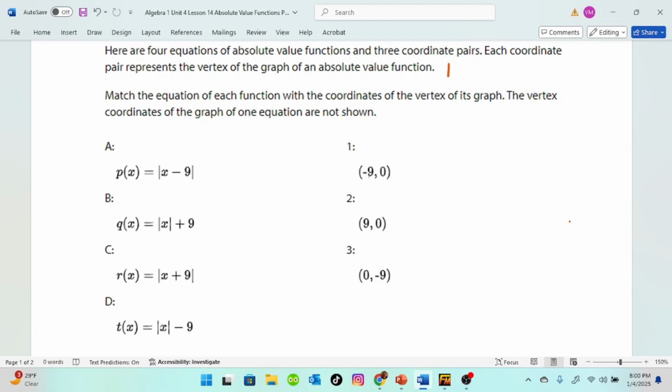When you see these vertical symbols like this, that means absolute value. And that means whatever is on the inside becomes positive.